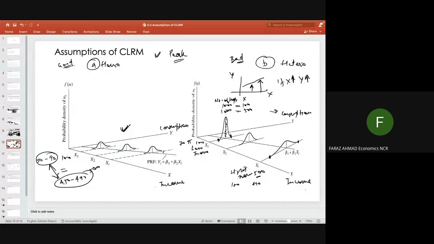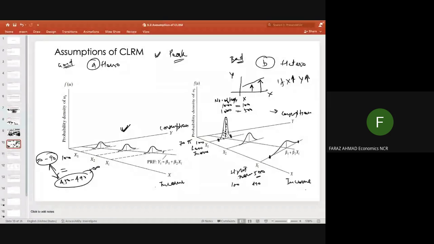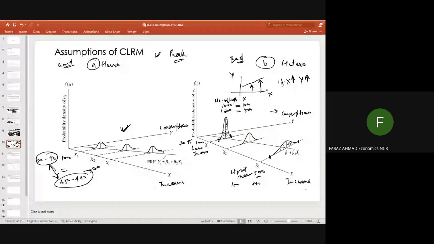So the height of the curve for a given value of y tells us how many people are there who are spending a particular value on consumption. Now you are spreading these 1000 people in a long range so that there are very few people stacked one over each other for any given value of y, so that the peak does not rise that much.